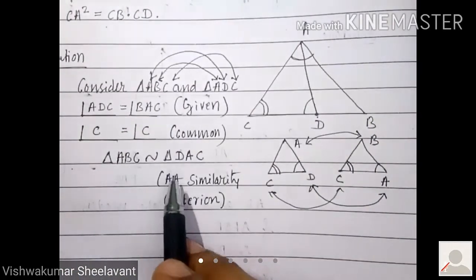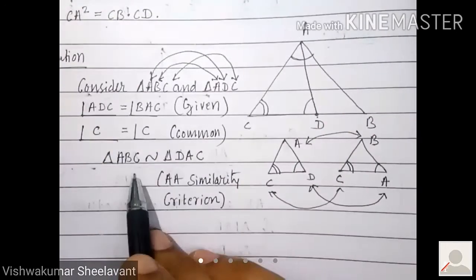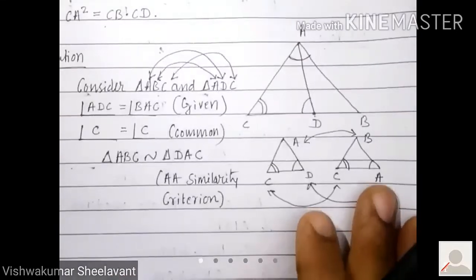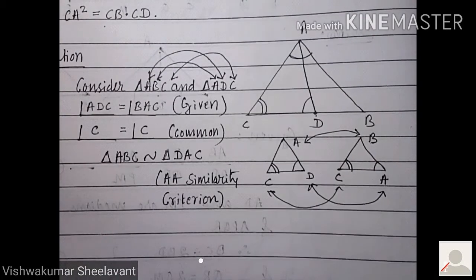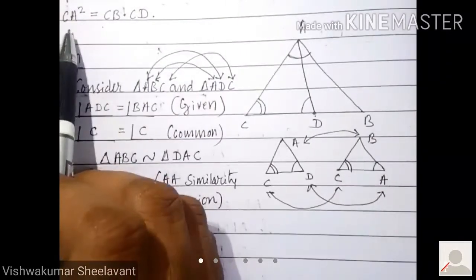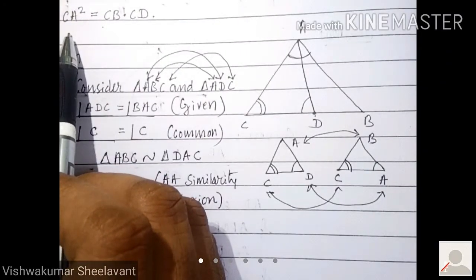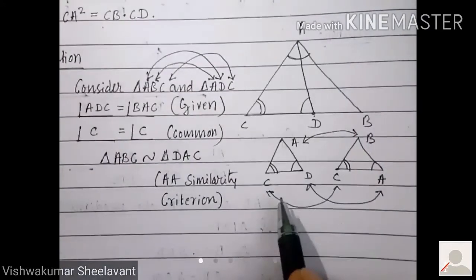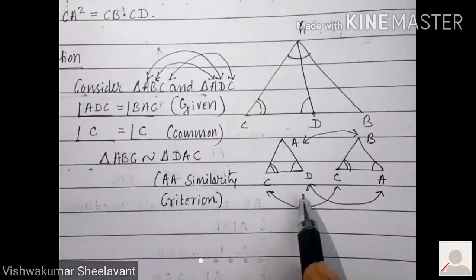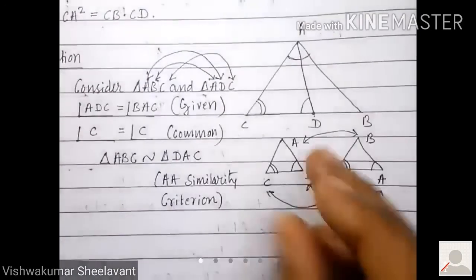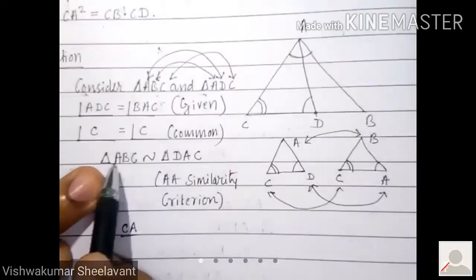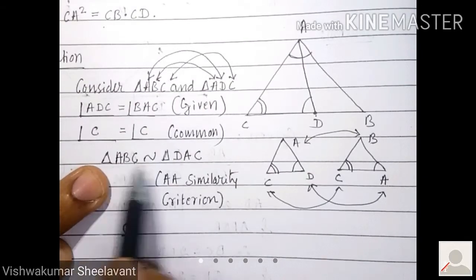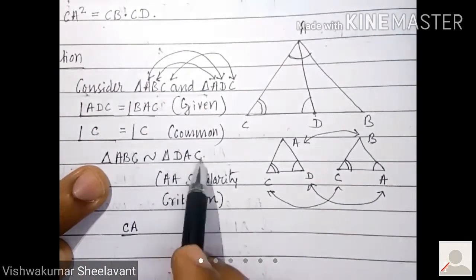Now we'll write the corresponding side ratios of these two similar triangles. You can select which sides you want according to the given question. CA you want in both the triangles. So CA here, right? CA corresponds to what? CA in triangle ABC corresponds to CD in triangle DAC.